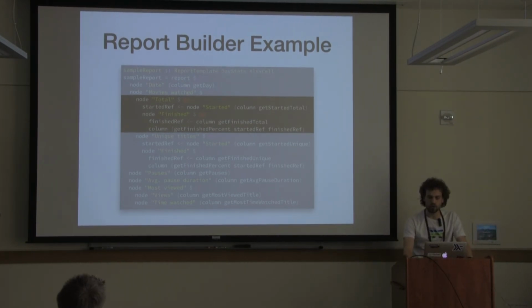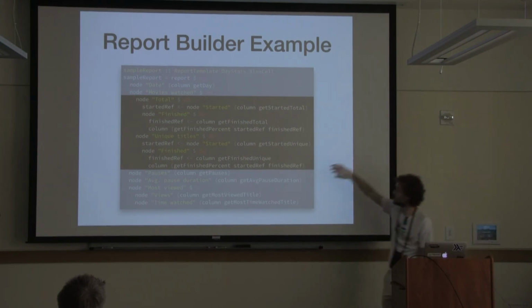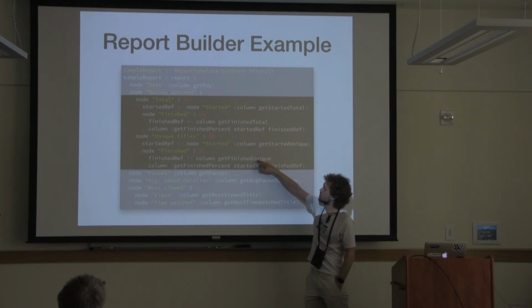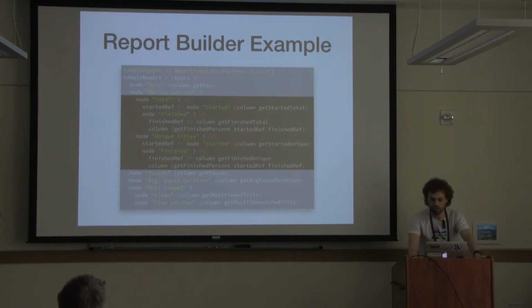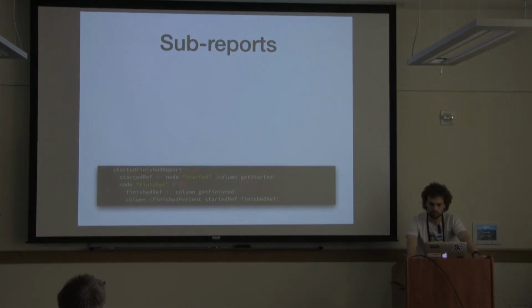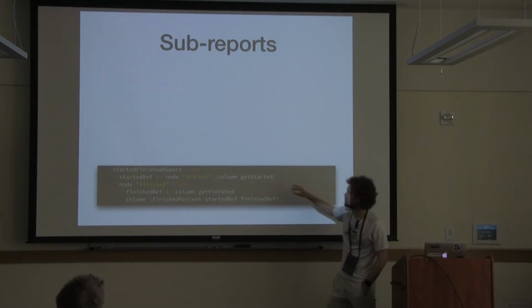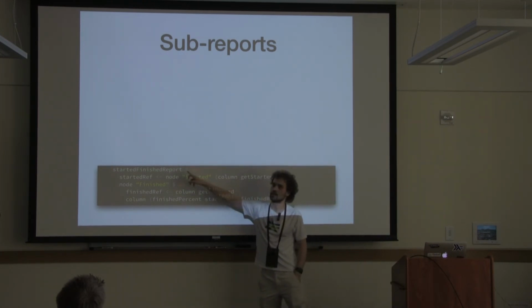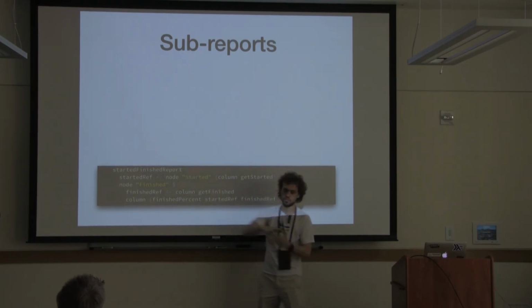Okay. So now the thing is that we have two blocks of code that are basically identical, except they use different values here, and the name for the groups is different. So what we want is to factor this out in a sub-report. And we can obviously do that. But now what's the type of this report? We could obviously pass the functions to get values here and here as parameters to this factored out code.